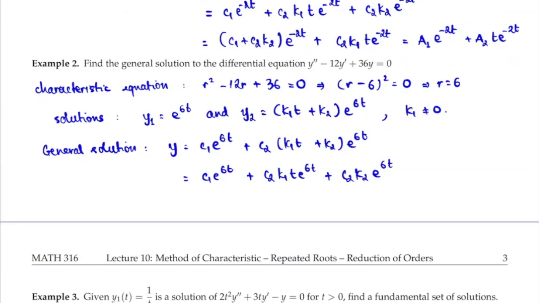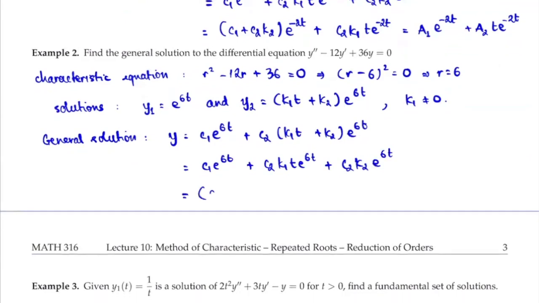Then again, combine like terms. I get (c1 plus c2 times k2) times e to the 6t plus c2 k1 t times e to the 6t. And I get the form of capital A1 times e to the 6t plus A2 times t times e to the 6t.